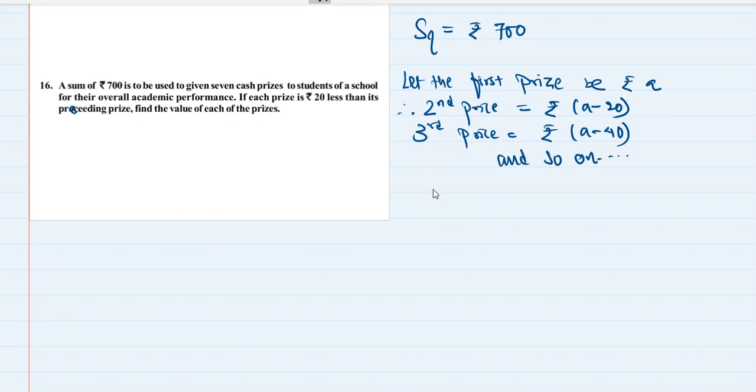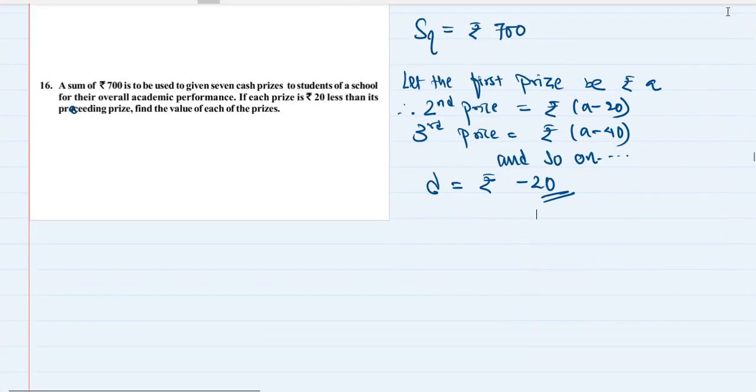Okay. So what is the common difference? The common difference becomes rupees minus 20. 20 rupees is the amount by which each prize is less than its preceding prize. Okay, the first prize is A, second prize is A minus 20, third prize is A minus 40, and we get the sum of all these prizes to be rupees 700.